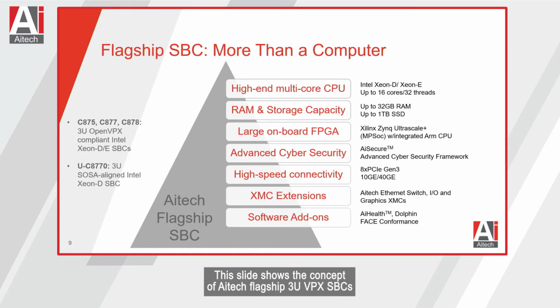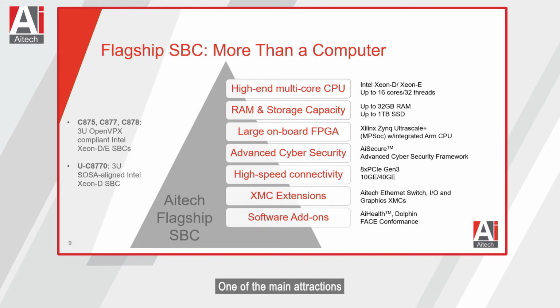This slide shows the concept of iTech flagship SWaPC SBCs, of what I like to call more than a computer. This means that our specialty, as part of the more for same approach, is to pack much more functionality and performance than just an Intel processor into the same relatively small SWaPC form factor. Besides having a high-end embedded Intel CPU with up to 16 cores, these SBCs provide large RAM and storage capacity.